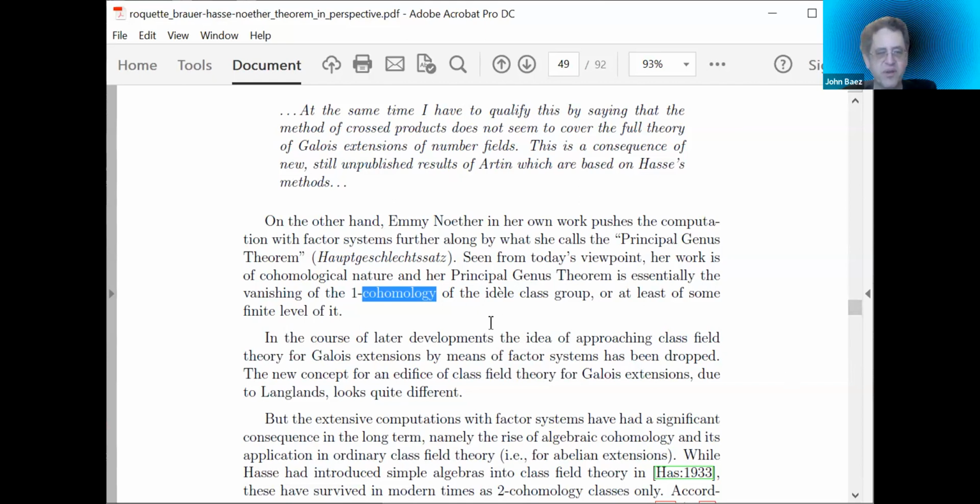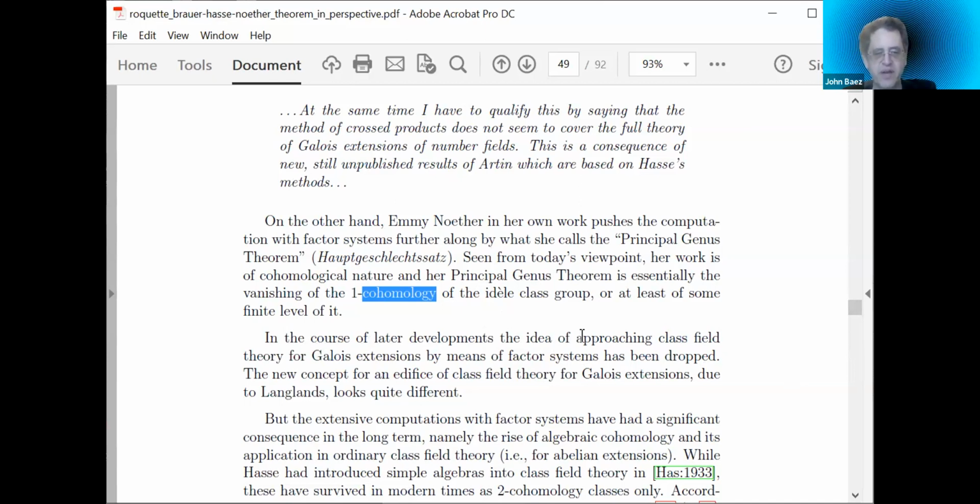And so one thing that's interesting here is, well, Emmy Noether was working on this stuff. One of her theorems is now seen as the vanishing of the first cohomology of some Idele class group. I don't even want to get into that, but I like this paragraph here.